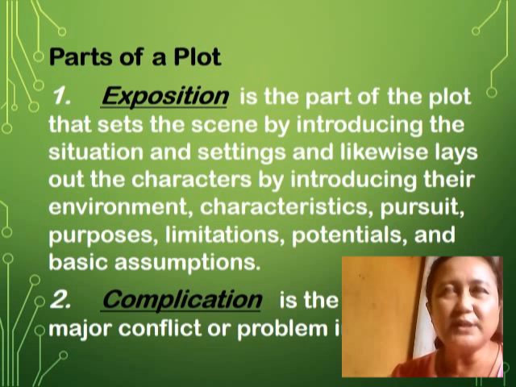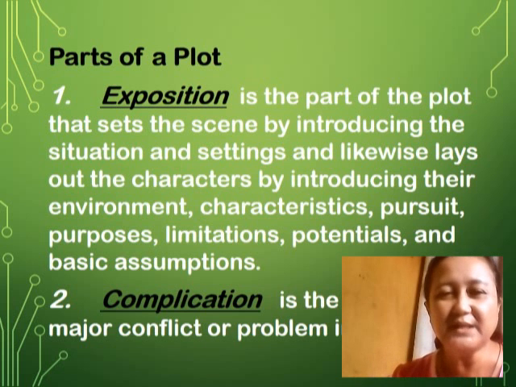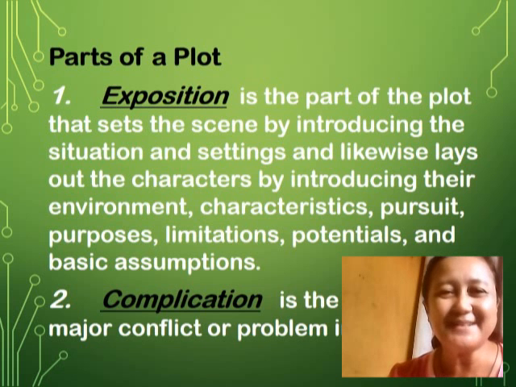What is the environment, what are the characteristics of the hero, usually it is the hero of the story that is being introduced first. Then, of course, what is the potential, the basic assumptions, the purposes, limitations. So it is already included in the exposition part.